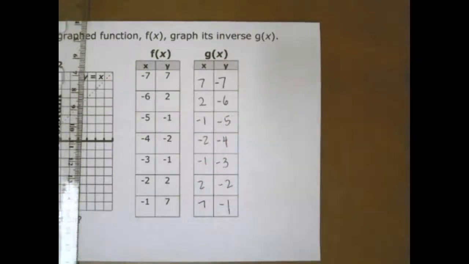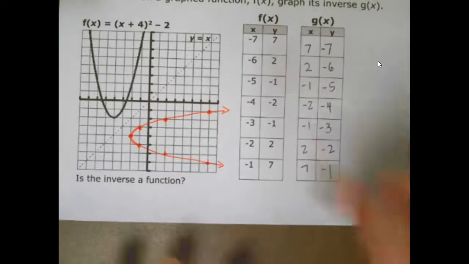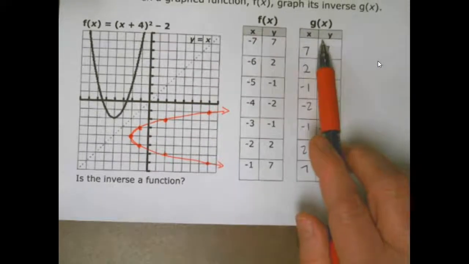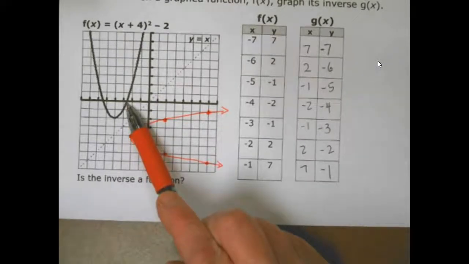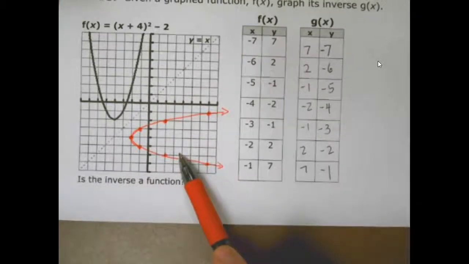And so when you have those switched, would you take a moment to put those on your graph? If you graph this table and put it on the graph paper, does it make a line? No. The original graph, do you remember what that's called? Is a parabola, so guess what the inverse is?